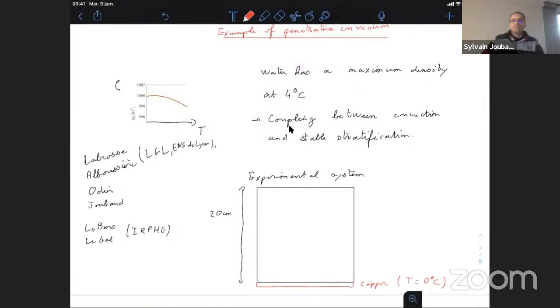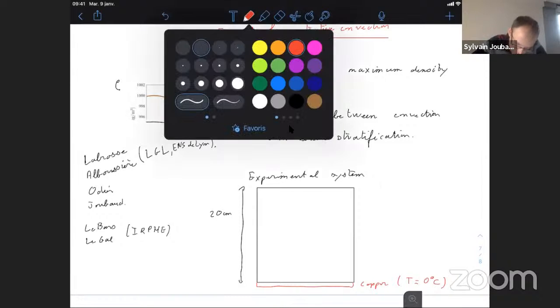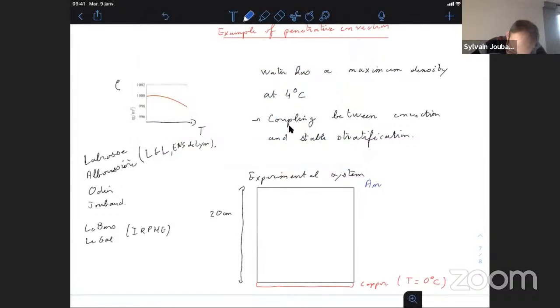You start at T equals 0, using a system to impose T equals 0 at the bottom of the system. At the top, you have ambient temperature, around 20 to 25 °C, roughly.